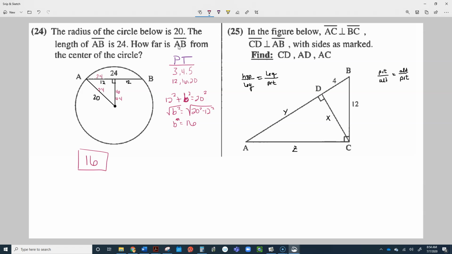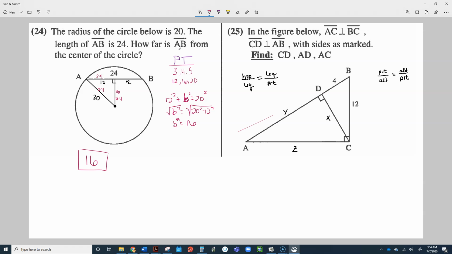They gave me this is 4 and this is 12. I did use all these variables because I have 2 different proportions that I can work with. I've got the leg is the geometric mean to the whole hypotenuse and the part adjacent to the leg that we're using. And then I've got the altitude is the geometric mean to the 2 parts of the hypotenuse.